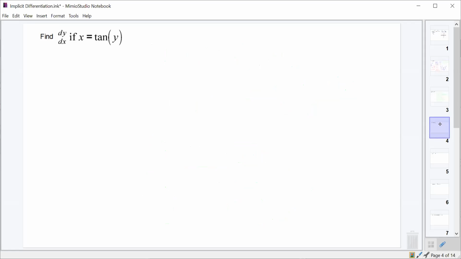What should we do first here? We should take the derivative of both sides with respect to x. So on the left, that's the derivative with respect to x of x, and on the right side, that's the derivative with respect to x of tangent of y. And what's the derivative of x with respect to x? 1. And what's the derivative of tangent y?